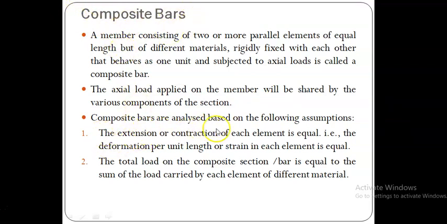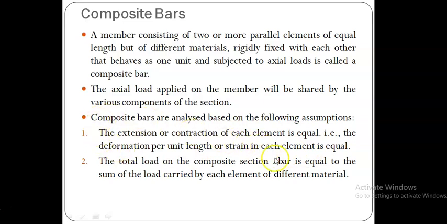Composite bars are analyzed based on the following assumptions. First, the extension or contraction of each element is equal. That is, the deformation per unit length, or strain, in each element is equal.